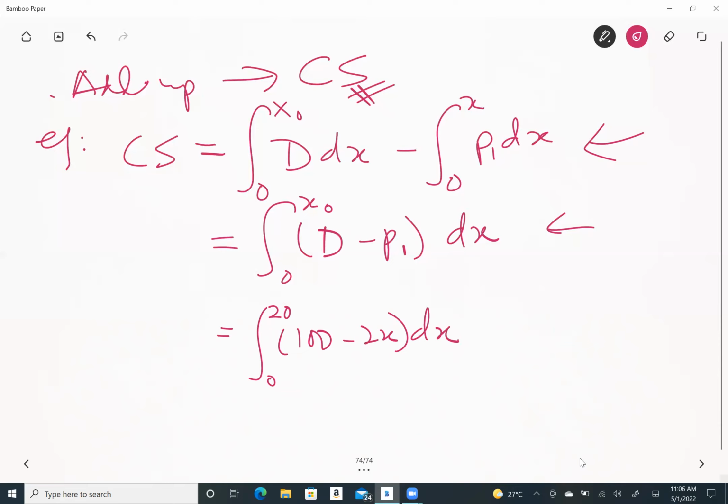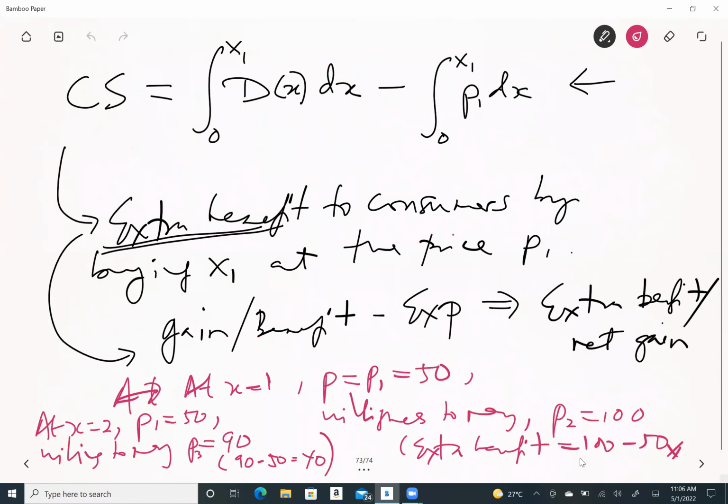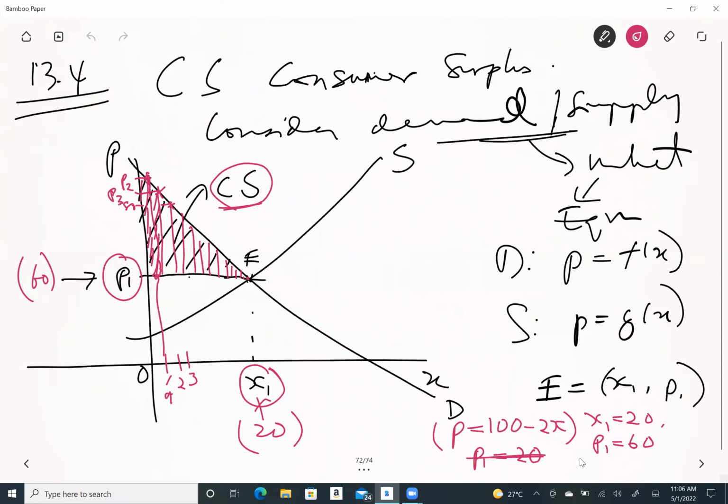So that is the area under the demand function minus the integral from 0 to 20 of the market price, which is 60 dx. So this is for our example, the function 100 minus 2x, assuming that the market equilibrium quantity is 20 and the market price is 60. So we have the respective integral from the formula.